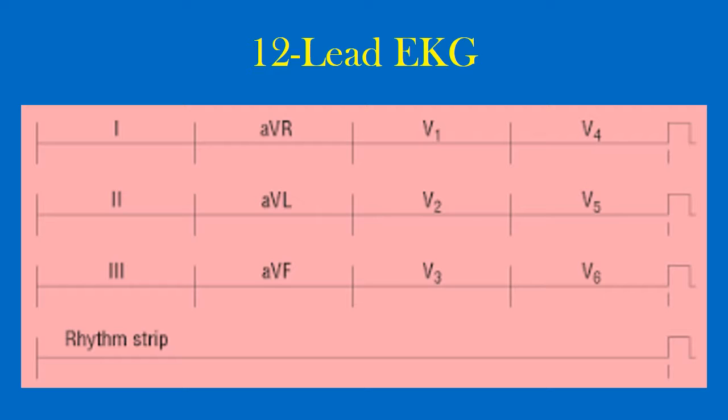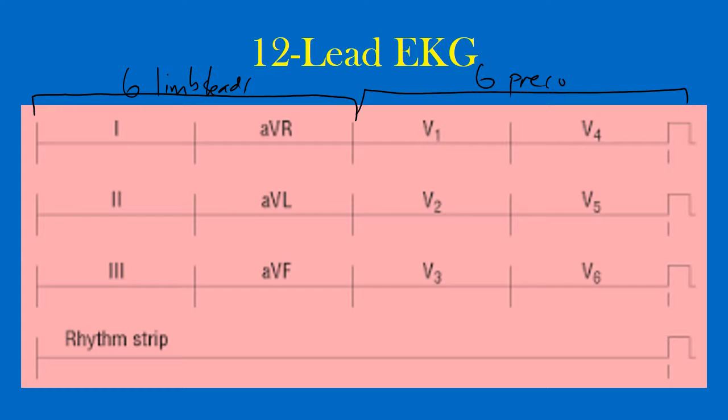So as we discussed in previous lectures, here on the left we have our 6 limb leads, and on the right we see the 6 precordial leads. Okay, V1 through V6, the precordial leads. And then we have the rhythm strip at the bottom of the EKG.